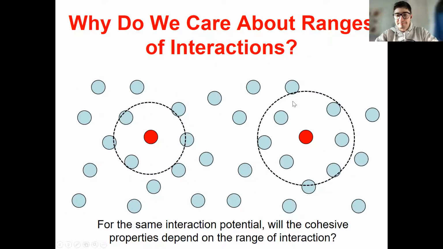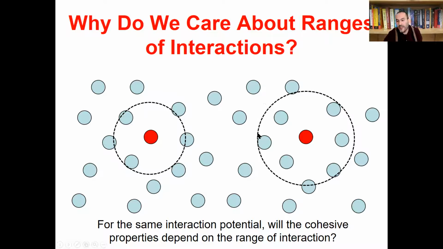Okay, thank you. Right. So about the range of interactions, those who are doing molecular simulations know that the electrostatic interactions, Coulombic interactions, are treated as long range interactions, right? And why does the range of interactions matter? Suppose this is the particle of interest, and if the range is like this, then you're looking at just 3 particles or barely 4, a small number of particles that interact with this particle.